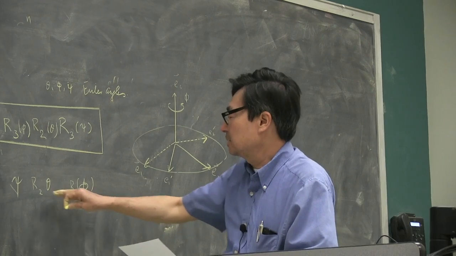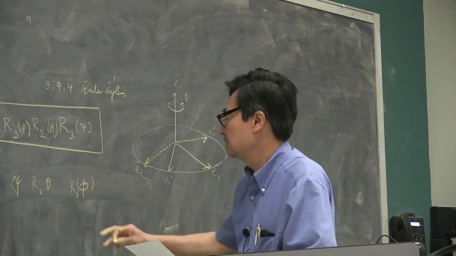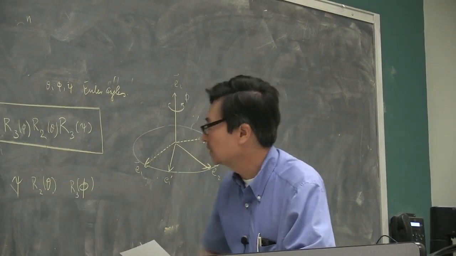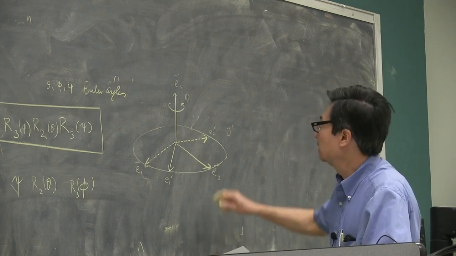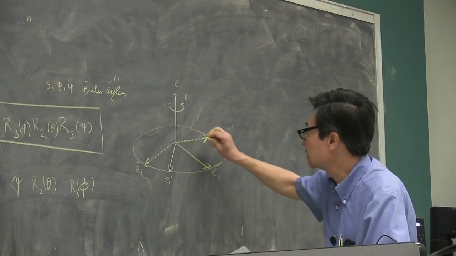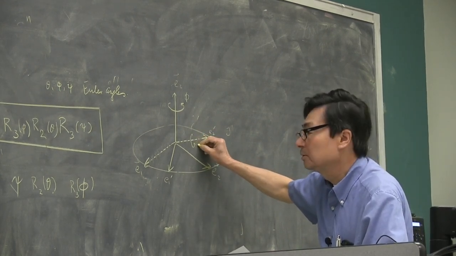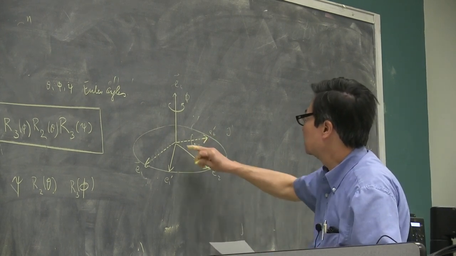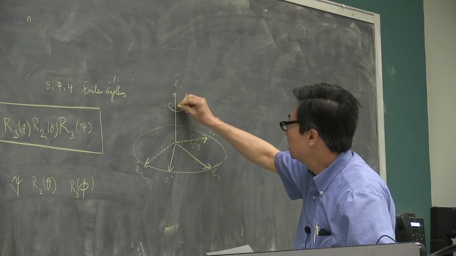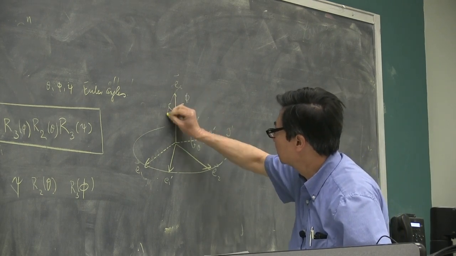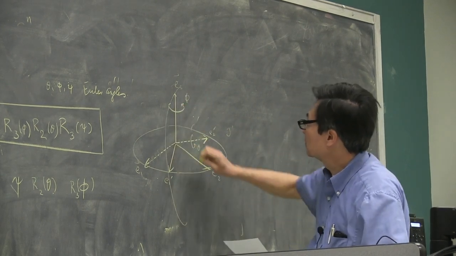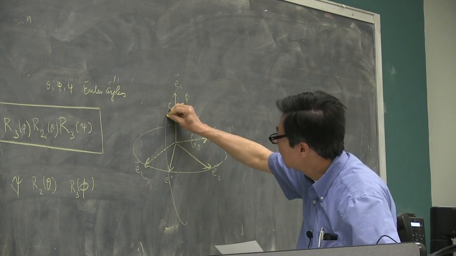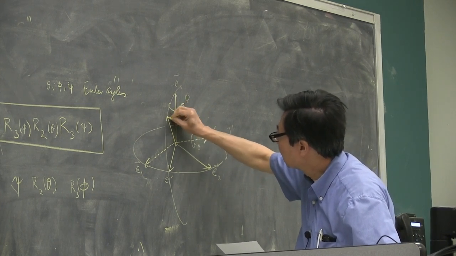Okay? So whereas in this equation, all these are the original directions of the original frame, here you build on successive new frames. This is a different way of doing this, okay? So you now rotate about the new second axis by some angle theta, which means this axis is not changed, but these two will move along this circle, so that this one will become this one, okay?